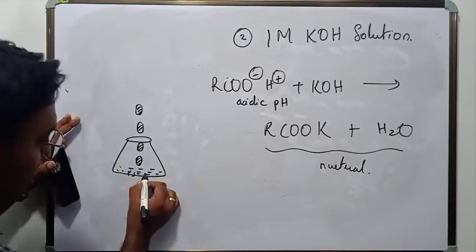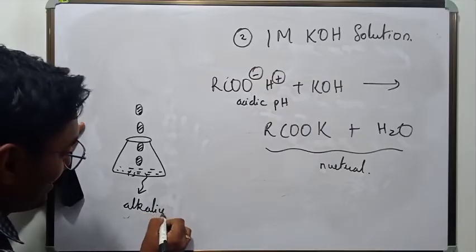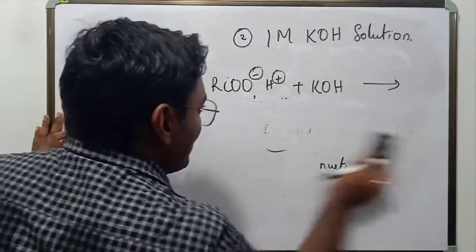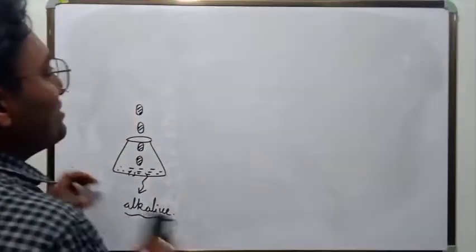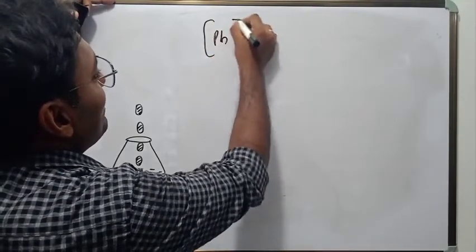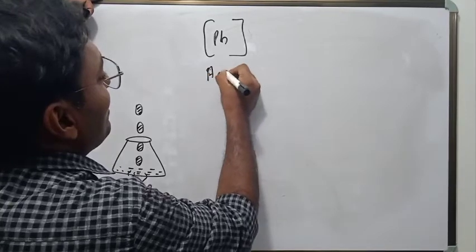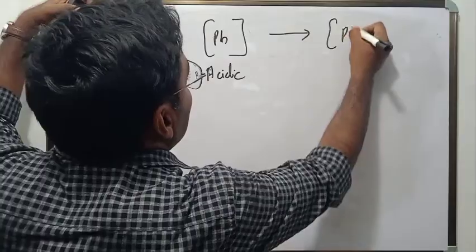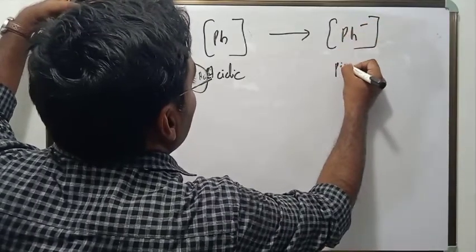It will make the solution alkaline. Now when the solution is alkaline, there is one more thing in the conical flask. Do you remember? Yes, phenolphthalein. Phenolphthalein was stable in acidic condition, but when the solution became alkaline, it ionized, and that ionized phenolphthalein is pink in color.